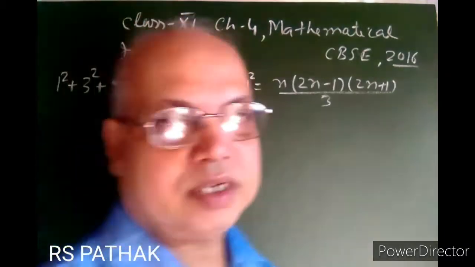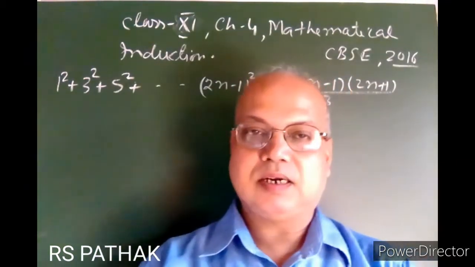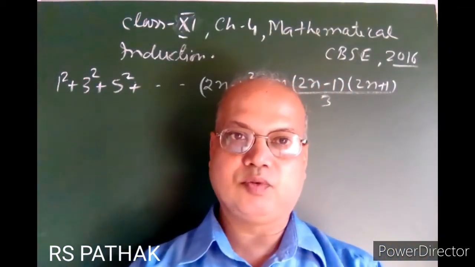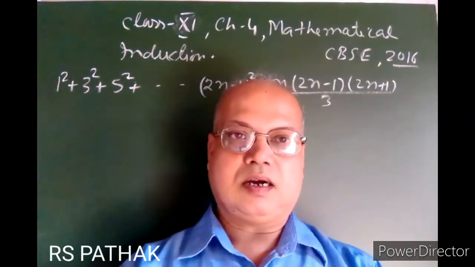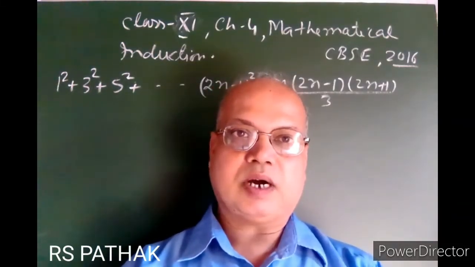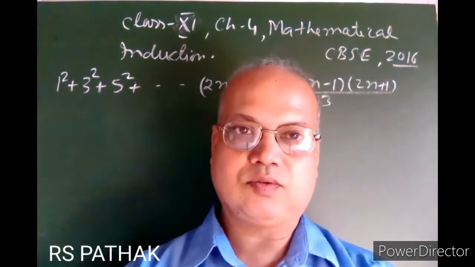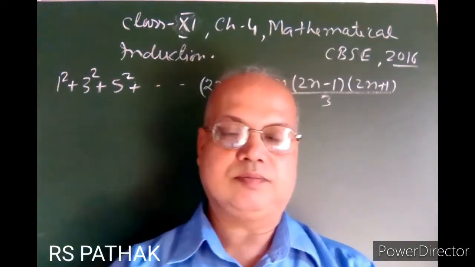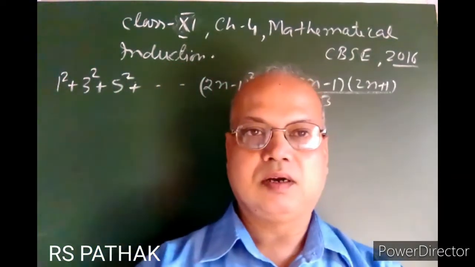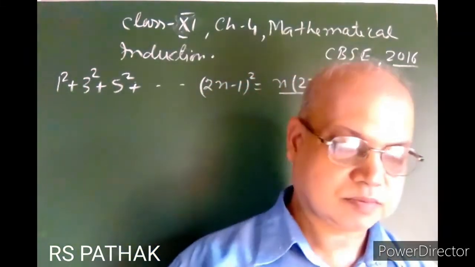Then what is the procedure for mathematical induction? First of all, we shall prove it for n equal to 1. Then we shall assume it for n equal to k at random, and then prove it for the next, n equal to k plus 1. First of all I will prove for n equal to 1.